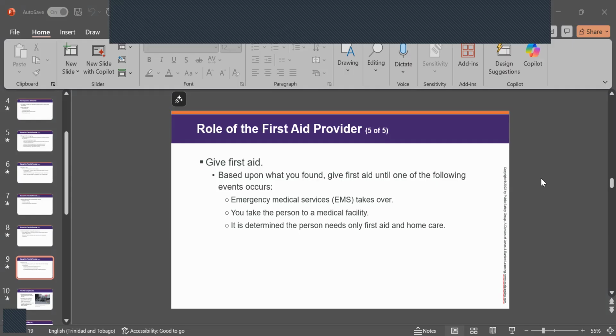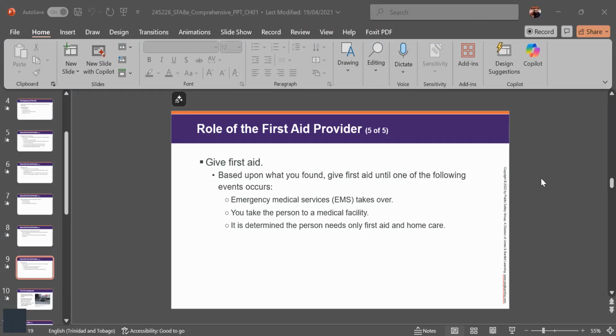I will tell you, for the really minor ones, such as the band-aid, great, you could treat and release. But a lot of times, err on the side of caution and recommend that the person seeks medical attention.